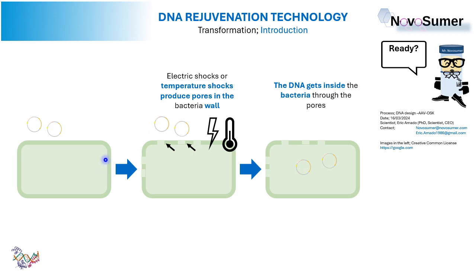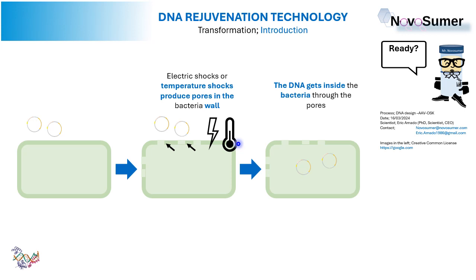Well, have a look here now in the middle figure. You see the electric shock symbol, right? This one. And the temperature symbol. Okay? They are just simply a representation of temperature increase or a small electric shock.